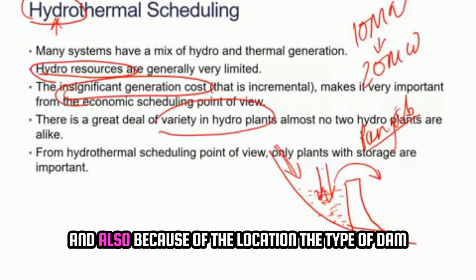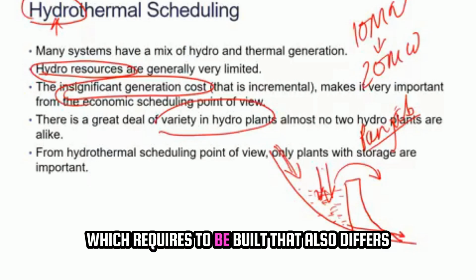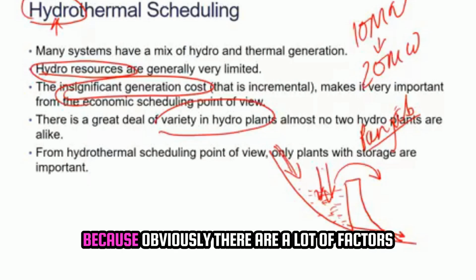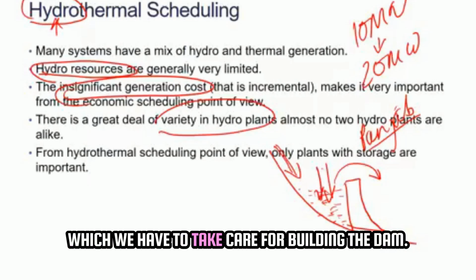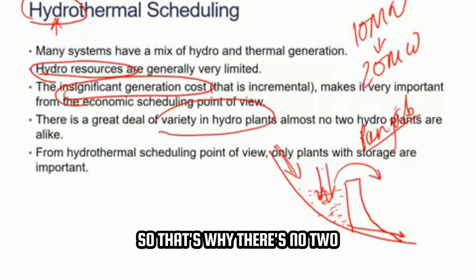And also because of the location, the type of dam which needs to be built also differs, because there are a lot of factors you have to take care of for building the dam. So that's why no two hydropower plants are alike.